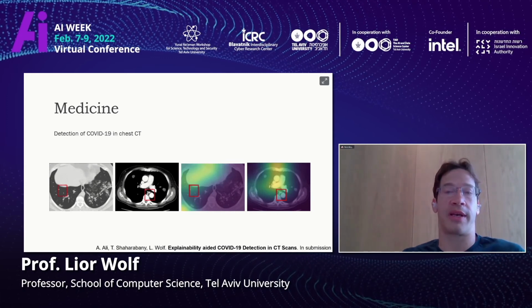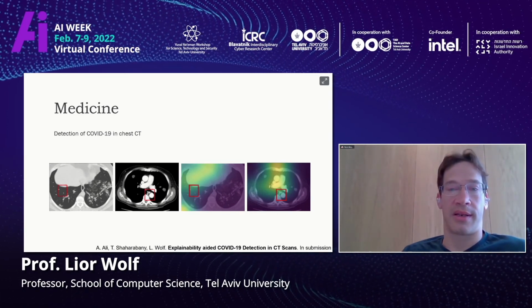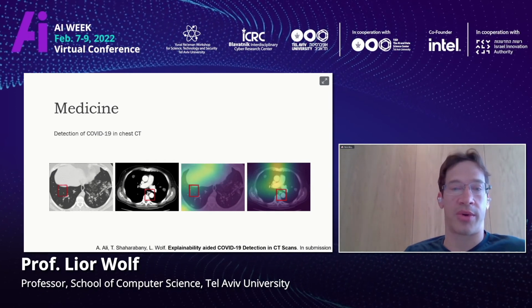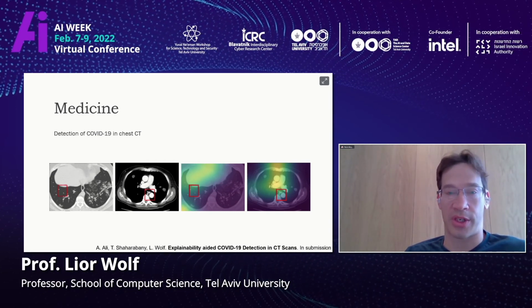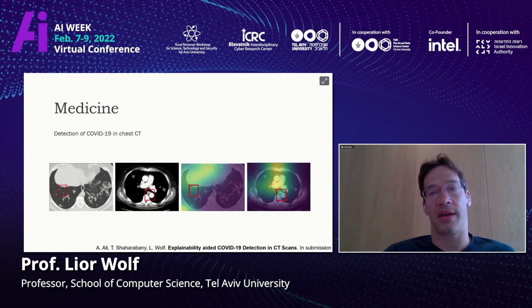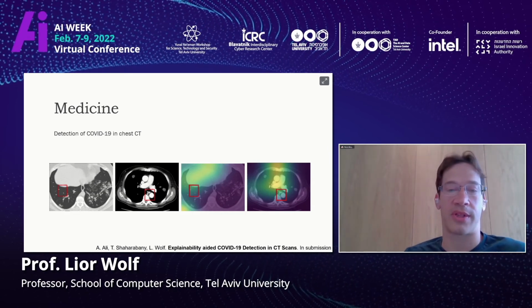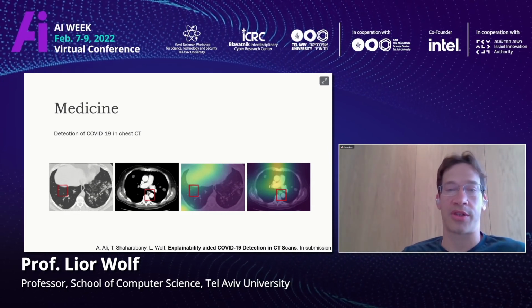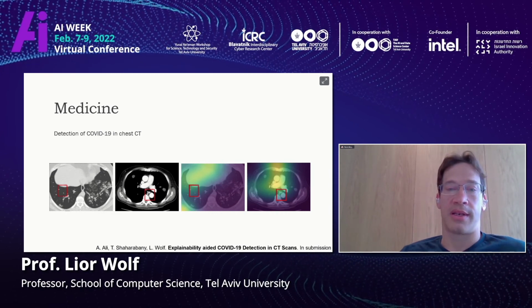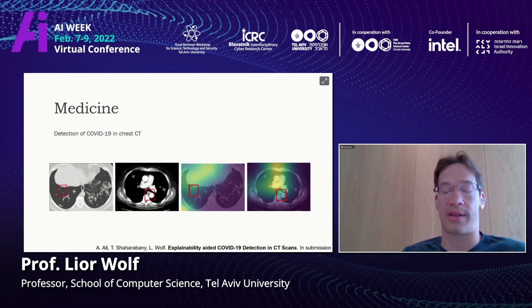So this is one application where we use explainability in medicine. The method that I was talking about earlier, the black box one with the network G that creates a heat map, we are using in bioinformatics, and we are able to show that we can learn the specific role of genes in a specific context, work that I like very much, unpublished yet. And we can use it also in other places in healthcare and biology.